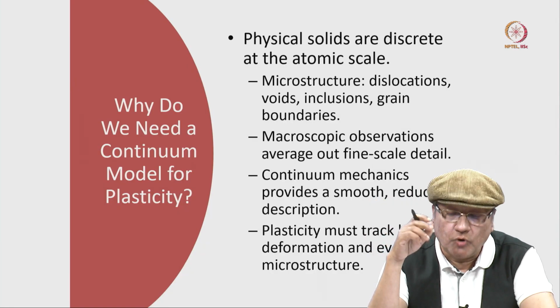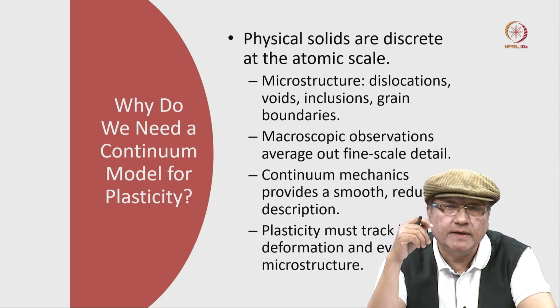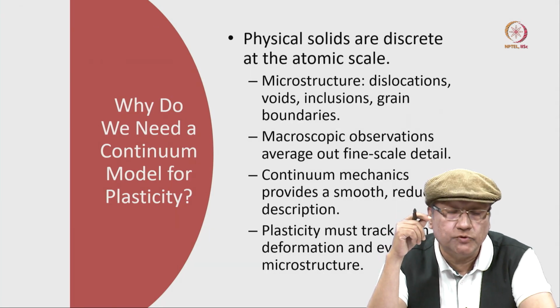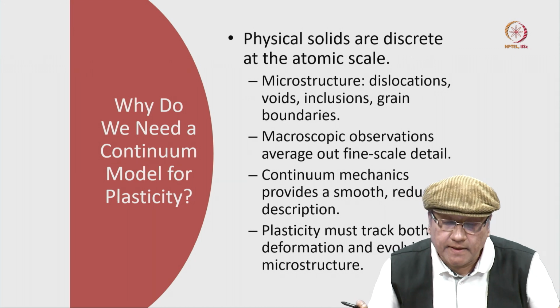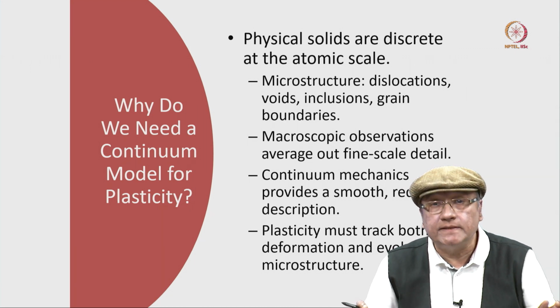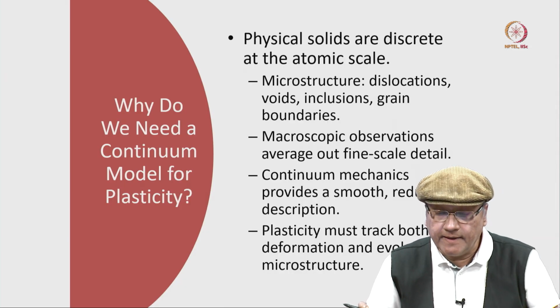So if you want to model the entire microstructure, you will have to end up dealing with billions or trillions of degrees of freedom, which will be difficult, if not impossible, to do for large components, even with all the facilities on advanced computing that we have these days.